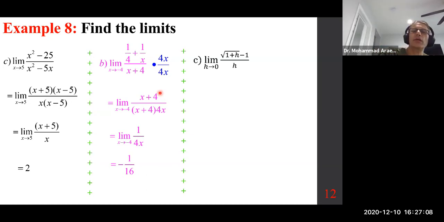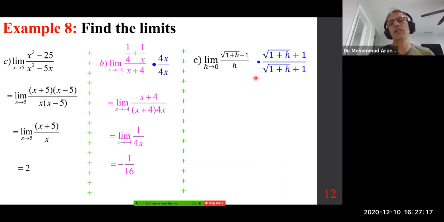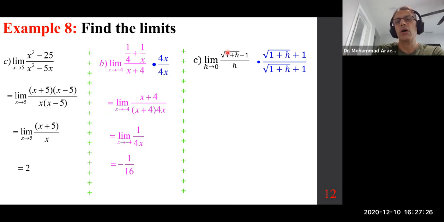0 over 0 again. Technique: multiplication by the conjugate, the top as well as the bottom. And when we do that, we keep the bottom intact, and we multiply the top. So 1 plus h comes out, minus 1 squared, and you write the bottom as a product.